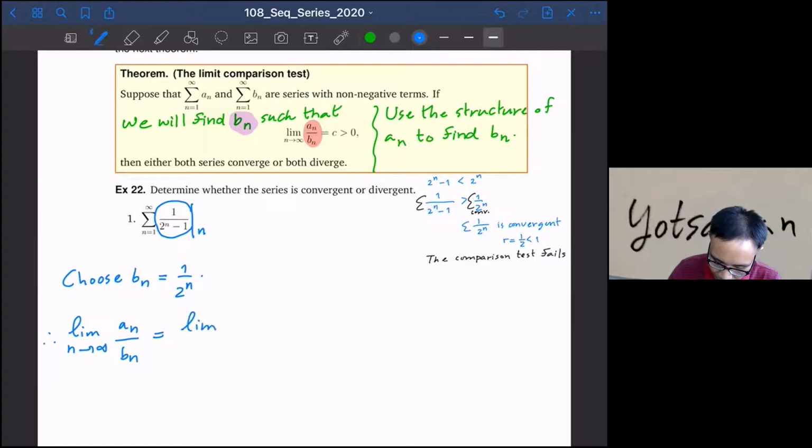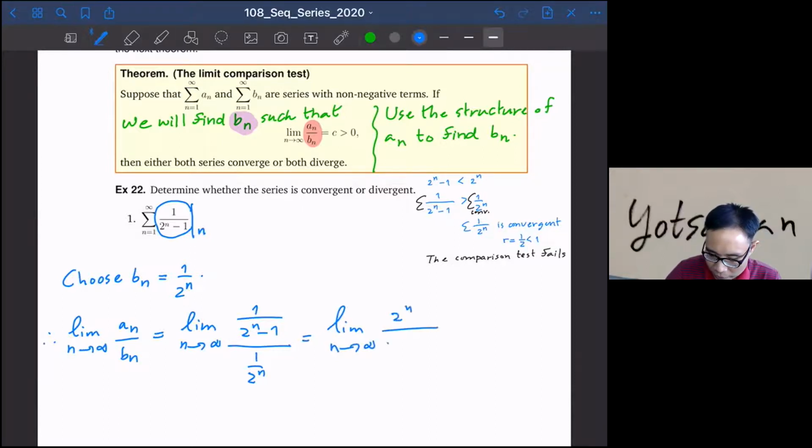So it's going to be the limit as n goes to infinity of 1 over 2 to the n minus 1, over 1 over 2 to the n. And with some simplification, it's going to be the limit as n goes to infinity of 2 to the n over 2 to the n minus 1.